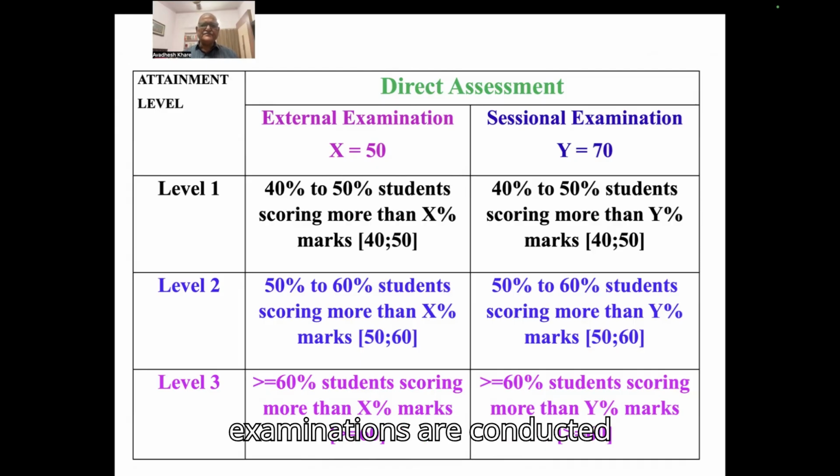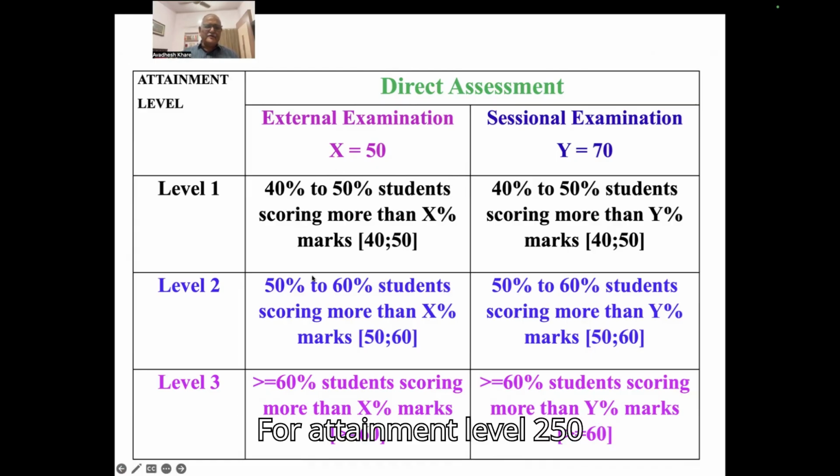Then the examinations are conducted, and if 40 to 50% of students score more than X%, then the attainment level is level 1. And in sessional examination, if 40 to 50% of students score more than Y, then the attainment level is 1.